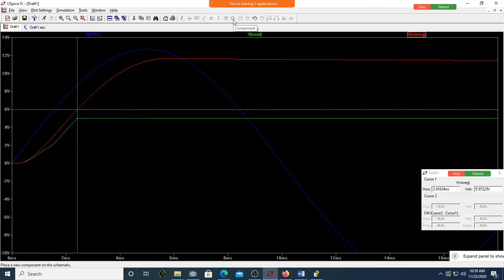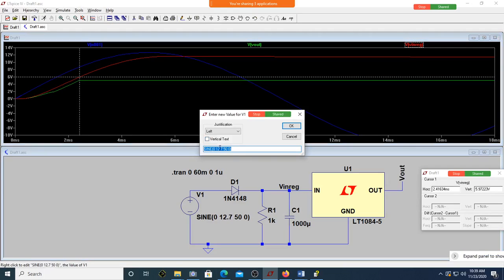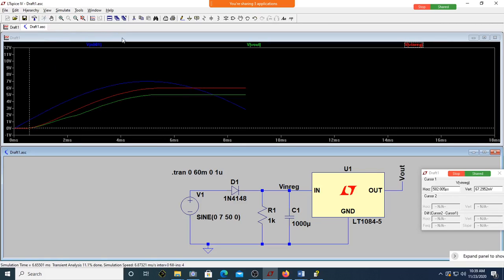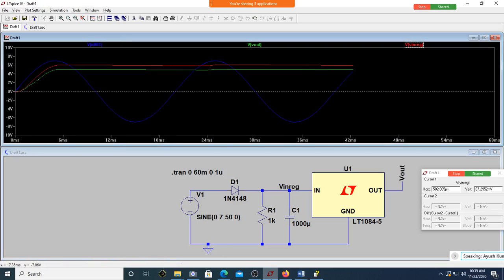Correct? Yes. So what I'll do, I'll just go back to this. Suppose if I make this equal to somewhere around 7, what can happen? May not be 7. Let me make this.